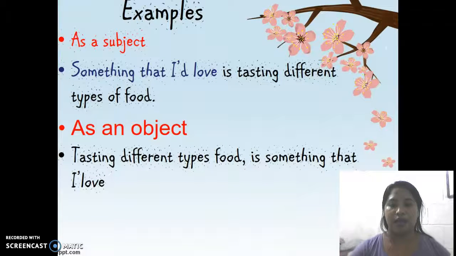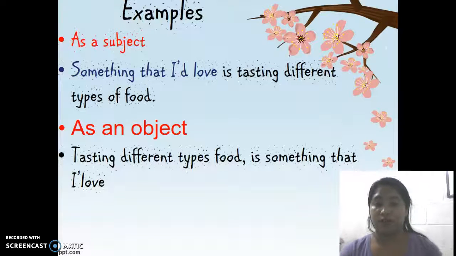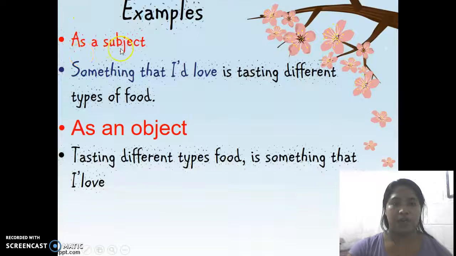Here I have some examples about noun phrases containing relative clauses. As I was explaining, noun phrases containing relative clauses are used as a subject and as an object. The example says, something that I love is tasting different types of food. So something that I love is the noun phrase.